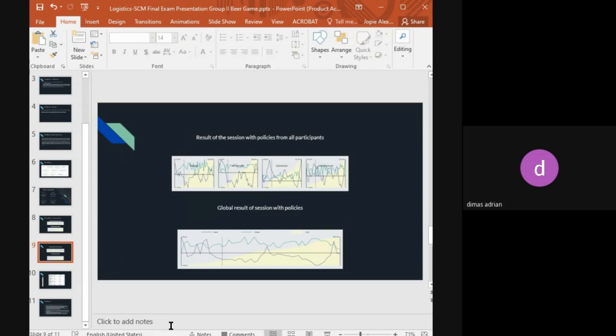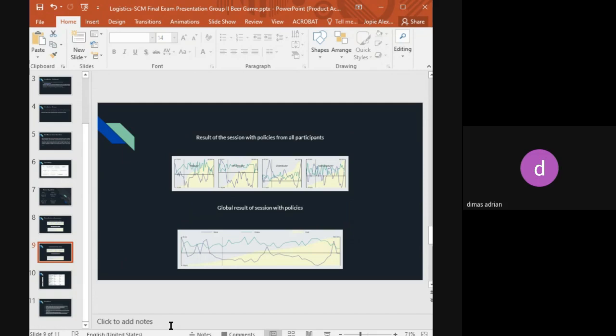In the second game, it can be seen that the number of orders is quite similar from one another, and the bullwhip effect is clearer in the second game rather than in the first game without the policies, because of the policies implemented.